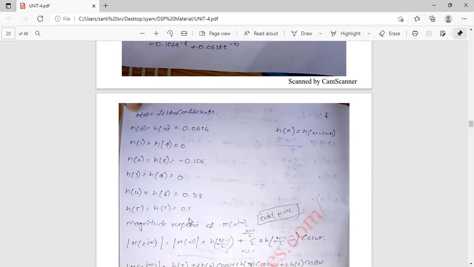So magnitude response of h of e power j omega is equal to mod h of e power j omega, or mod h of omega equal to h of (n minus 1) by 2 plus sigma n equal to 1 to (n minus 1) by 2 of 2h of ((n minus 1) by 2 minus n) cos omega n. Or it is h of 5 plus 2 into h of 5 minus n.